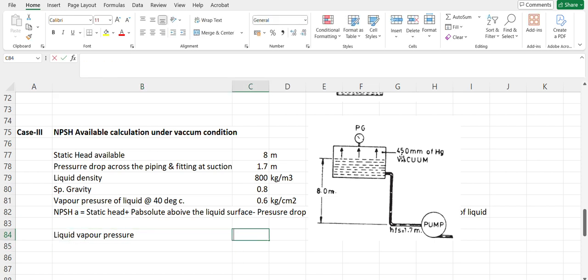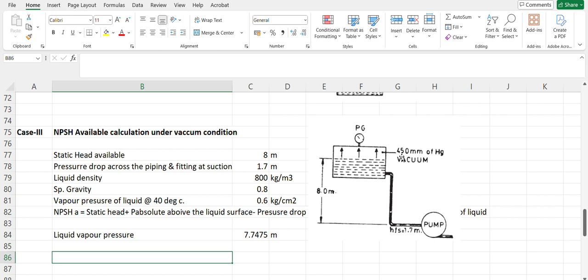Liquid vapor pressure is equal to 0.6 into 10.33 meter divided by density or specific gravity. So the available vapor pressure of liquid is 7.747. Now we calculate the P absolute.